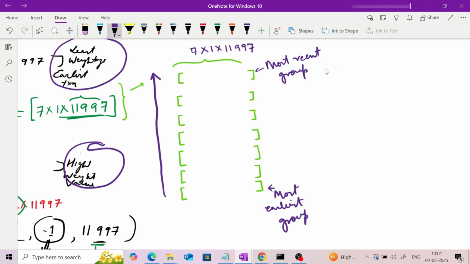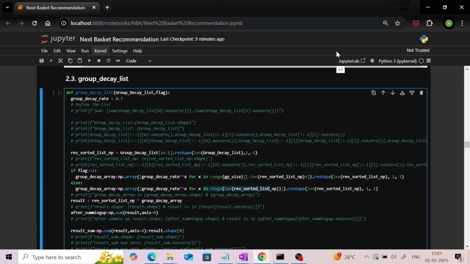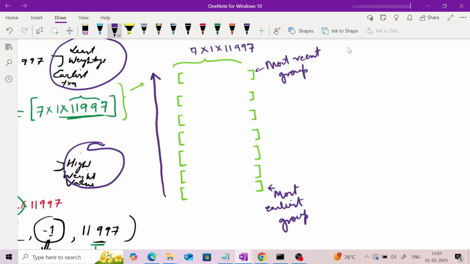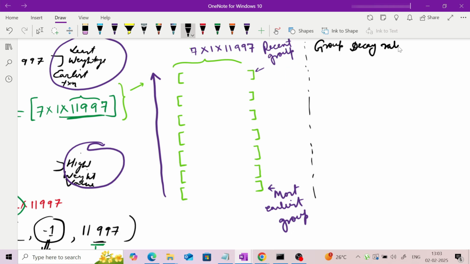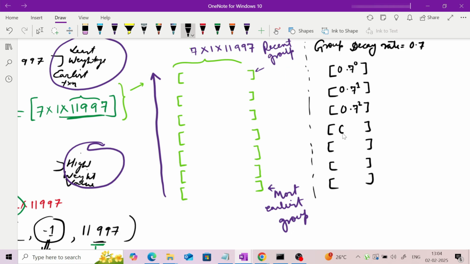because we will be creating a weight matrix corresponding to it. What we call the group decay rate. The group decay rate over here will be 0.7, and we'll start assigning the group decay values of 0.7 to the power 0, 0.7 to the power 1, and so on to all the 7 groups.